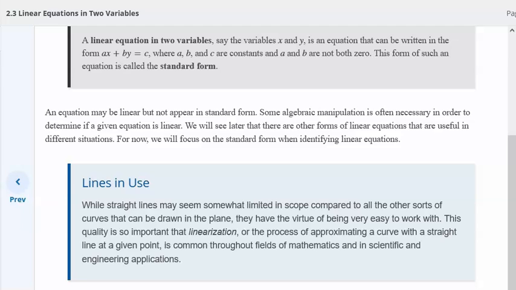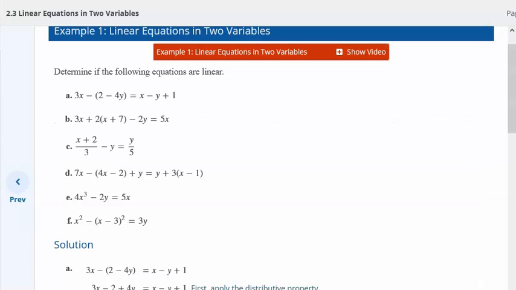Sometimes they may have something to the second power, x to the second, x to the third, etc. But it's when you finally simplify these and put them in standard form that you determine whether or not they are linear. That is, to the first power. Linear means you're going to get a line.